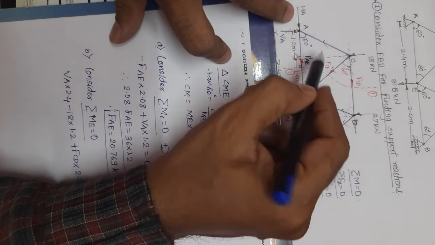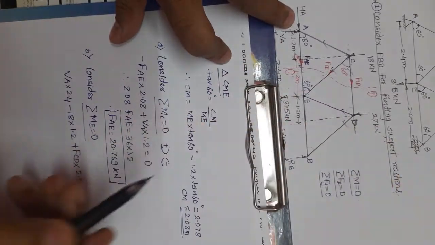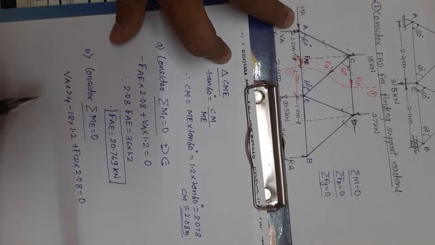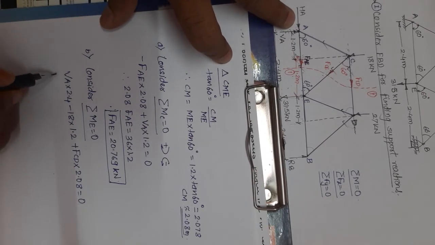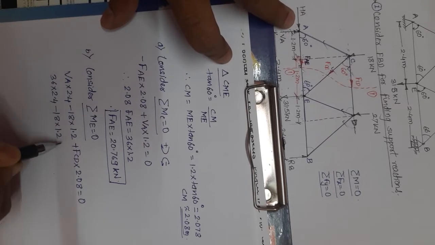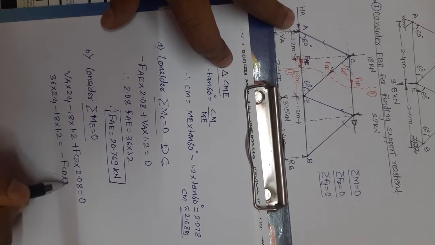These two are gone, because of this this is also gone, VA remained, 18 remained. So that will be equal to 0. So now what is the value of VA? VA once again is 36 into 2.4 minus 18 into 1.2, is equal to minus FCD into 2.08.